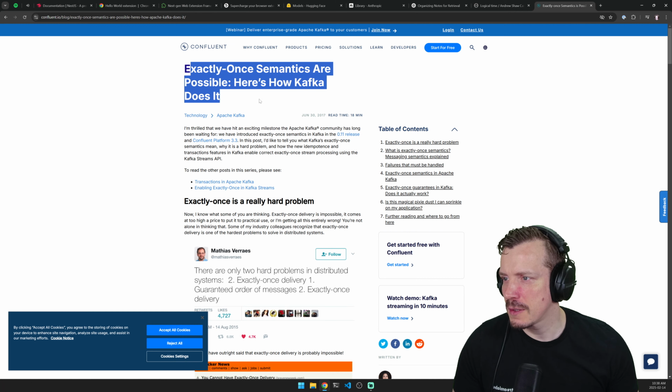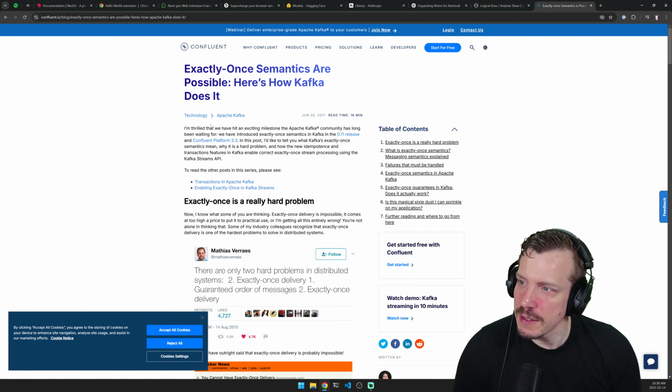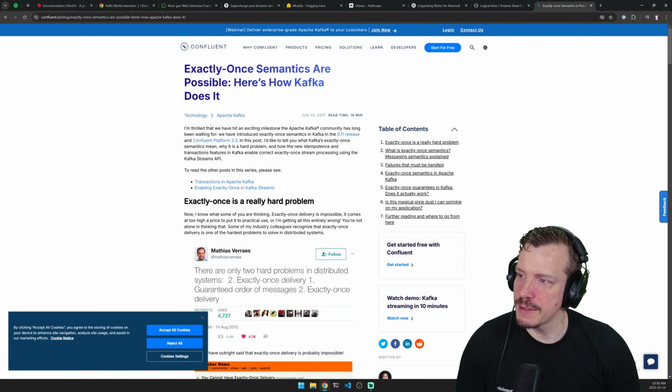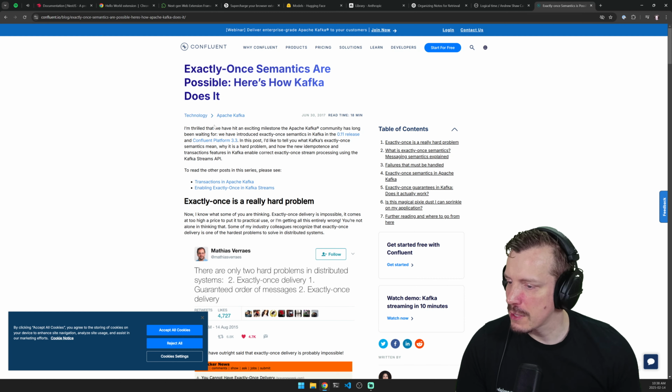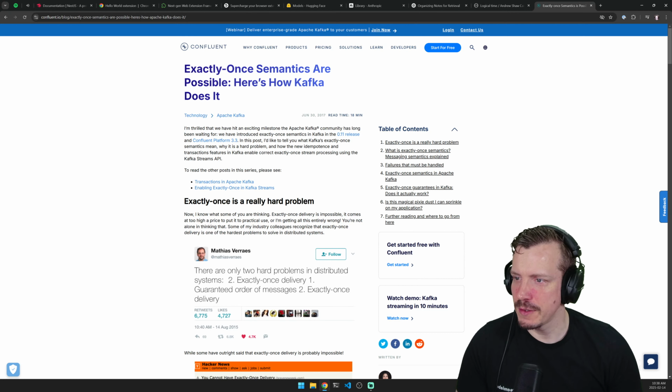So here is what I want to read. This was a long time ago. So exactly once semantics are possible, here's how Kafka does it. I'm thrilled that we have hit an exciting milestone the Apache Kafka community has long been waiting for.